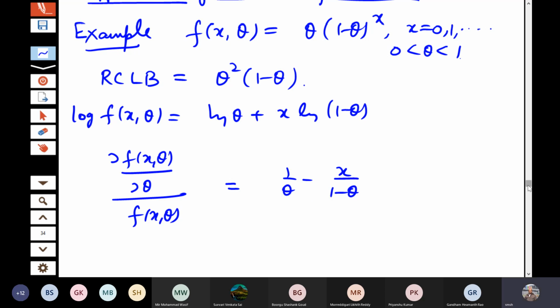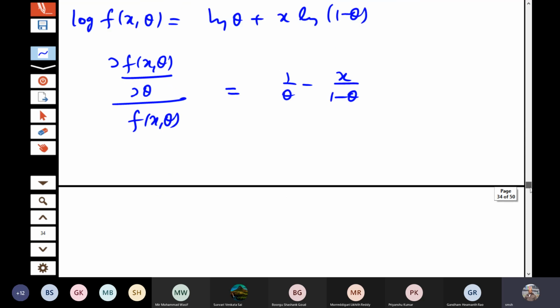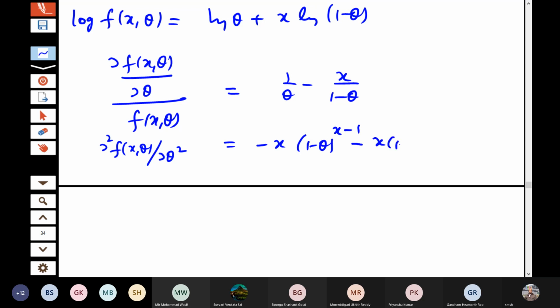But for Bhattacharya bound, I have to consider more derivatives. Since I am taking only one more term, it will be del 2 f(x, theta) by del theta 2. If you consider the further derivative, I will get the term as, I'm just writing down the straightforward calculations. It is a matter of writing down in a very careful way. So this will become 2 times.